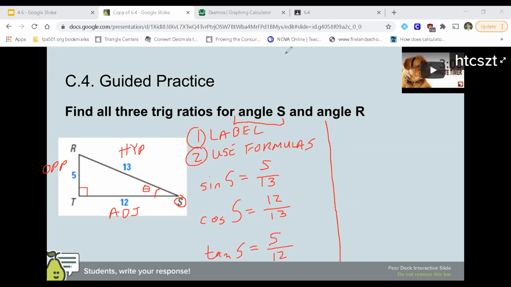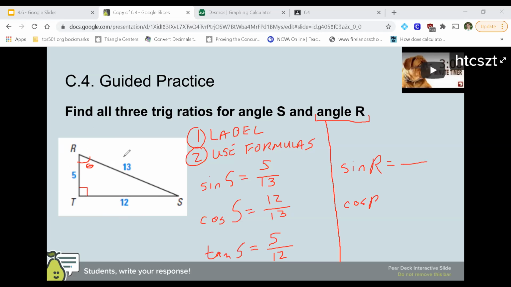All right, so I want you to try this again. This time for angle R. So erase your labels. Now we're using angle R. Which of these numbers is opposite angle R, which is adjacent to angle R, and what's the hypotenuse? Then you write your fractions again. The sine of R will be blank over blank.